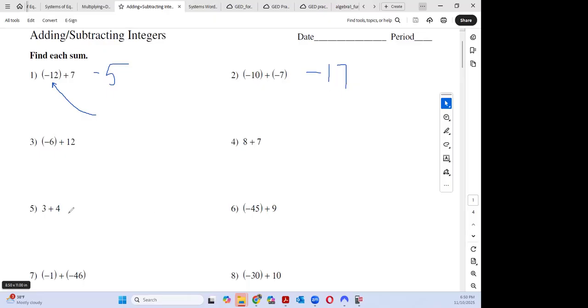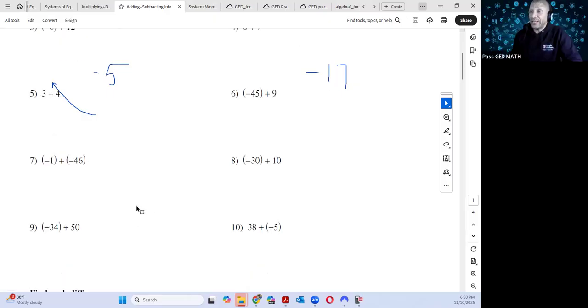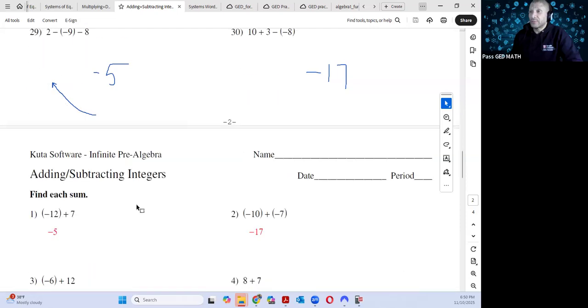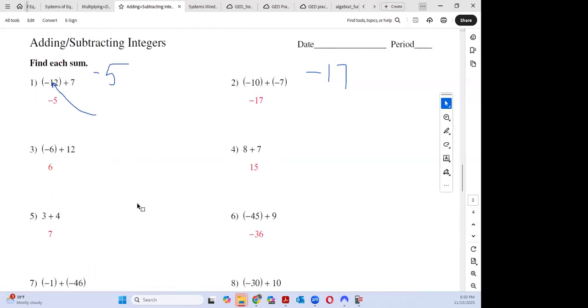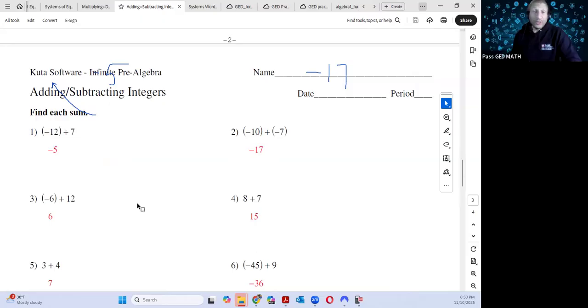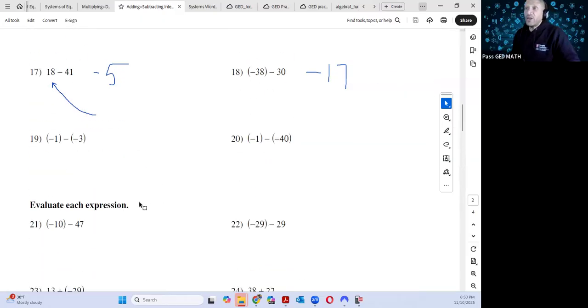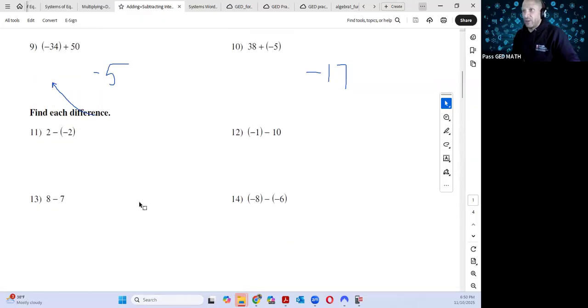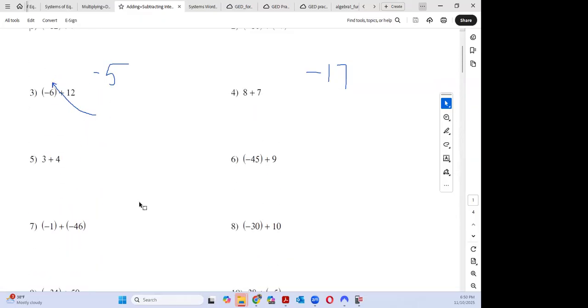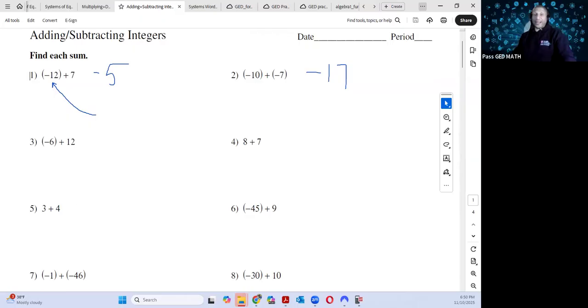So let's check it. 1 is negative 5, 2 is negative 17. And then, again, we know how to use our calculator right now, so we're not worrying about if we get it wrong. What we're doing is we're going to practice enough to where this is not going to be a problem.